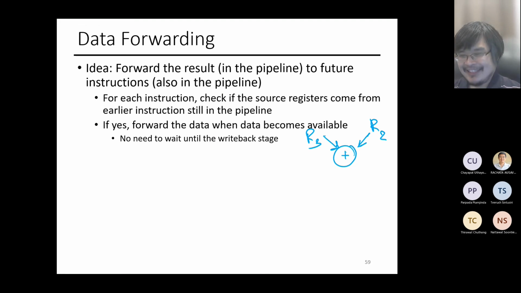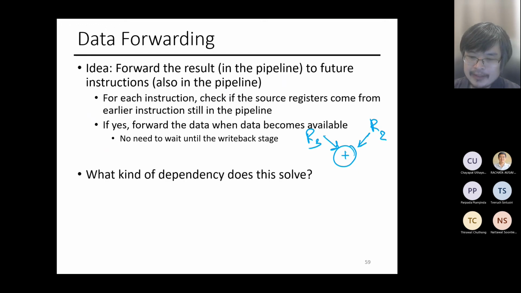So that's it: if the most updated version of the data is in the pipeline, take it from the pipeline register, not from the register file, right? And this solves the read after write dependency, and the benefit is it's faster, right?